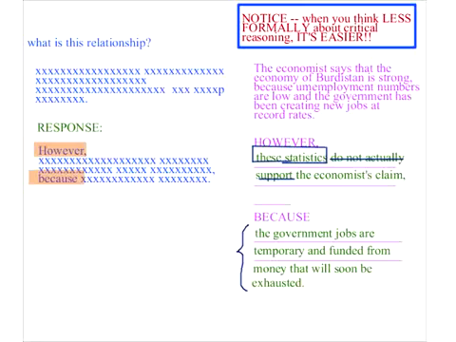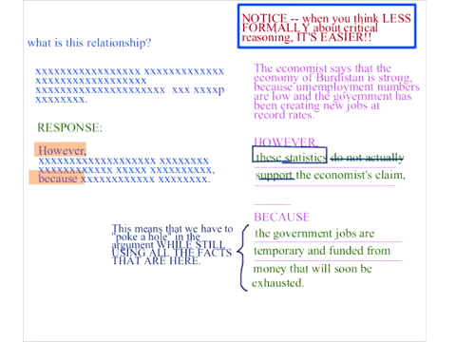So we have to poke a hole in the argument, so to speak, while still accepting the facts here as true. You don't have to use them all. In other words, you cannot contradict what is written up there.